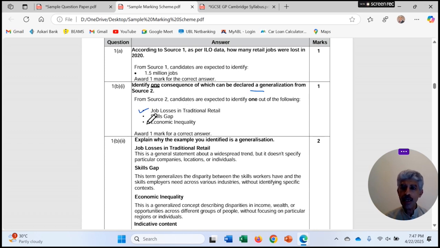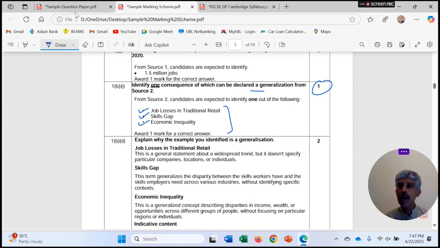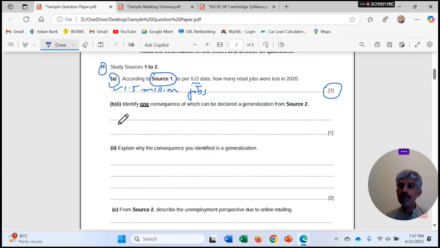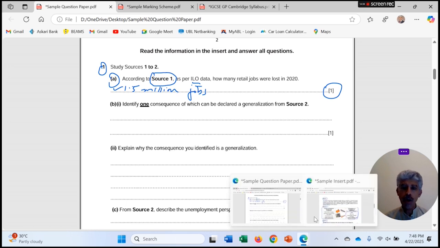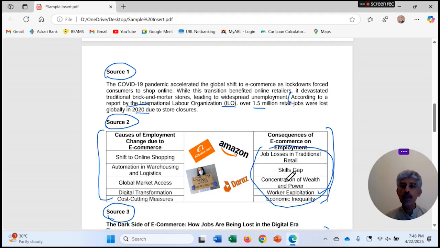Job losses in traditional retail, skills gap, economic inequality, or even the worker exploitation, all can be considered as generalizations, because if you write any one of these, you will be awarded 1 mark. So if students write any one of the consequences of the job loss, I mean the employment due to e-commerce, they can have 1 mark.